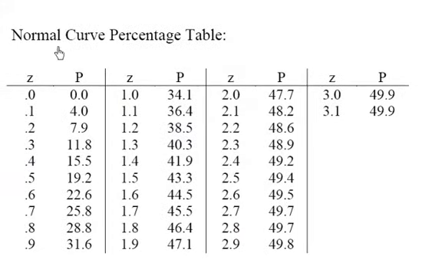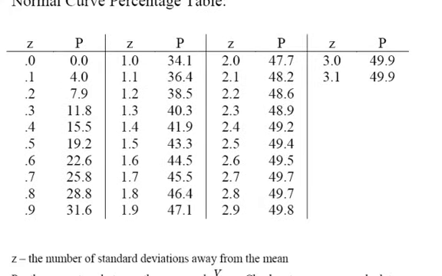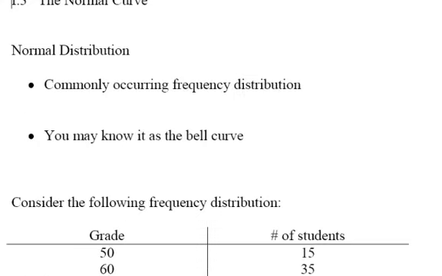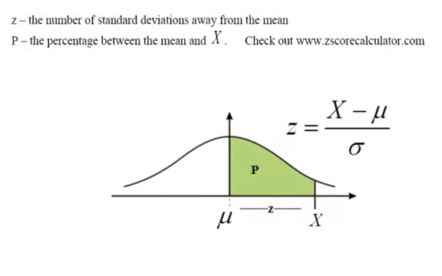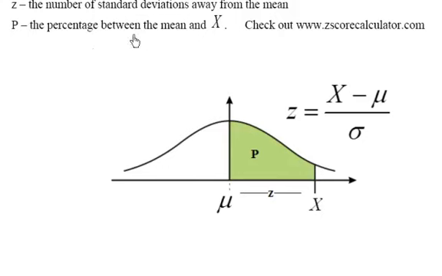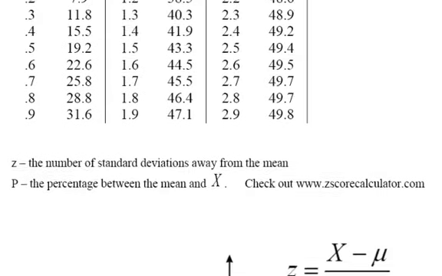So remember that this normal table, the one we've been using in class, let me scroll down a little bit. That's too far. Okay, right here, this table is going to tell us P. Now P represents the percentage between mu and some number. That's what we were looking for, and our number was 1.2.